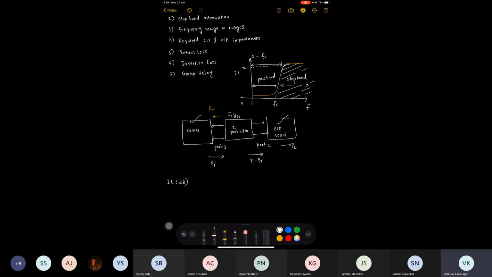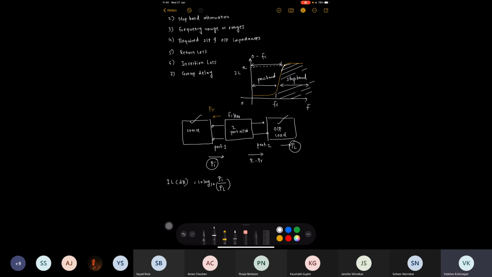It is simply given as the ratio of the power at the input to the power at the output. At the input we have the power Pi, and at the output we have the delivered power PL.